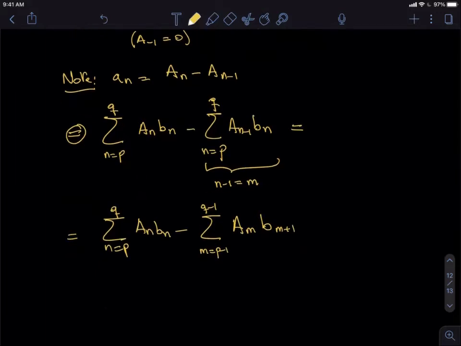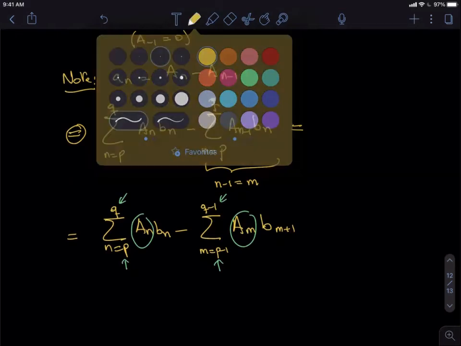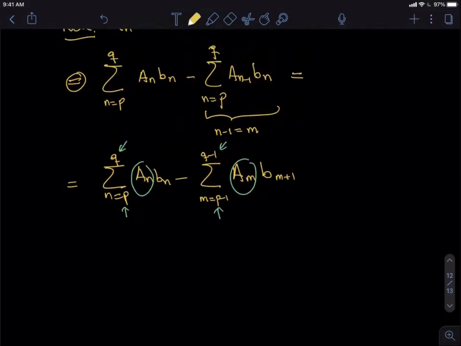And now we have A_n on both of them, so we could factor that out. But the problem is that we have different endpoints for the sum. So we need to fix that. So the way we fix that, we just add what is missing. Let's sum from m equal p to q, A_m b_{m+1}.